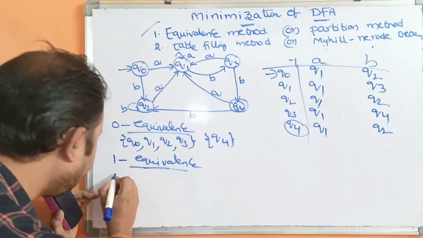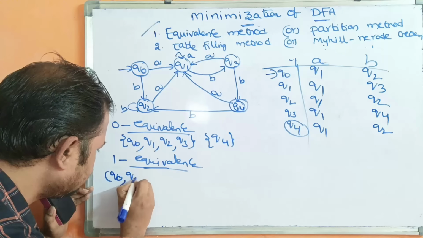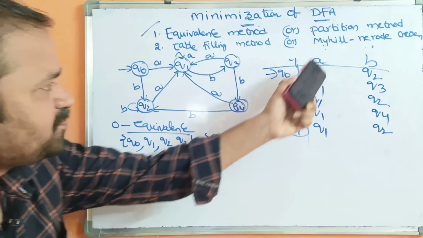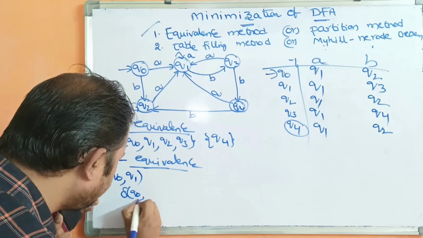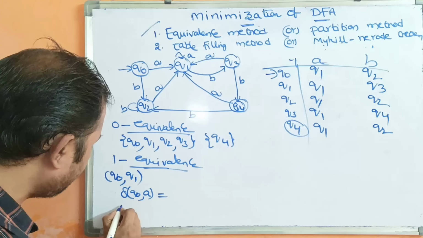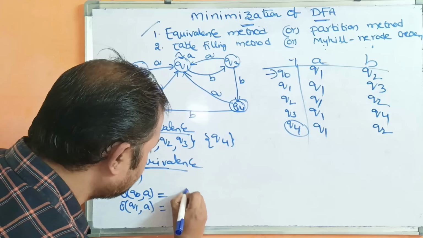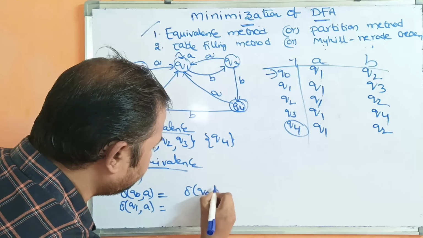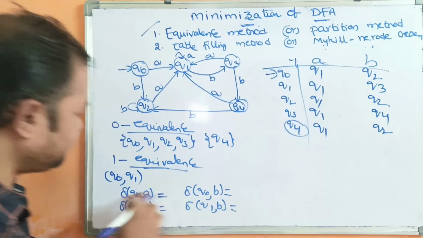Let us take the pair Q0 and Q1 and apply the inputs A and B. So delta of Q0 comma A, delta of Q1 comma A, then delta of Q0 comma B, delta of Q1 comma B. We have to calculate all these pairs.